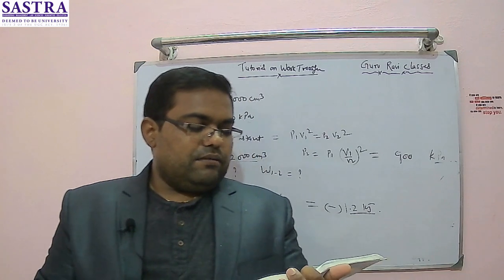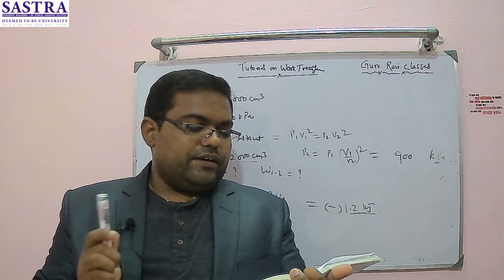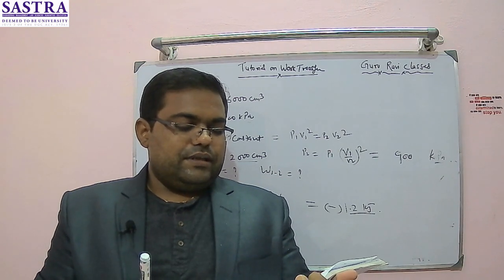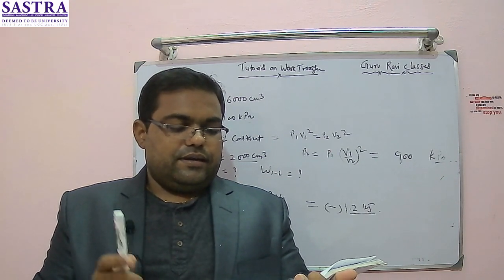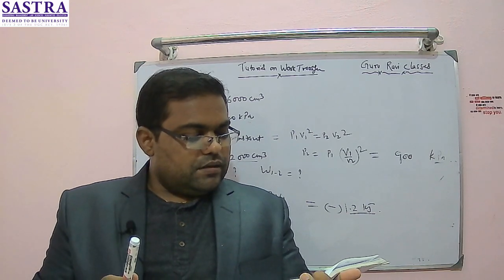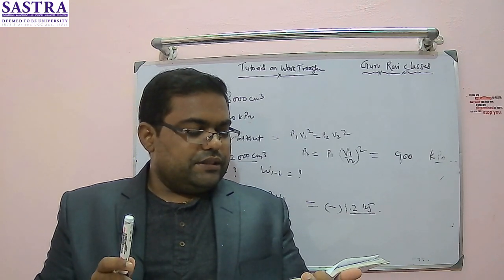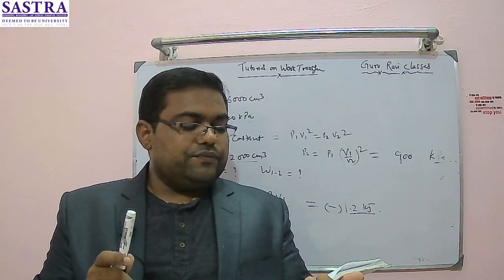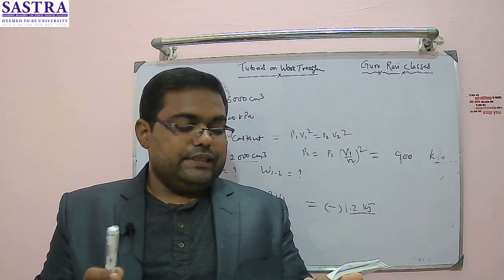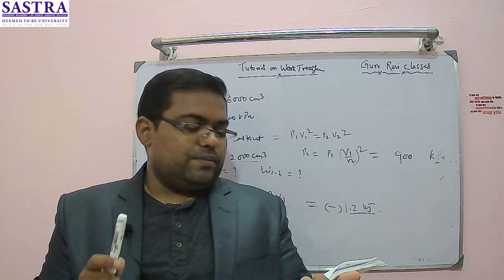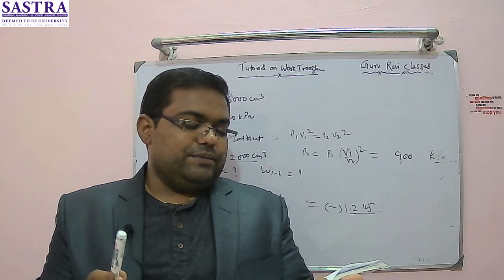A spherical balloon has a diameter of 0.3 meter and contains air at a pressure of 1.5 bar. The diameter of the balloon increases to 0.4 meter due to heating, and during this process pressure is proportional to the diameter.